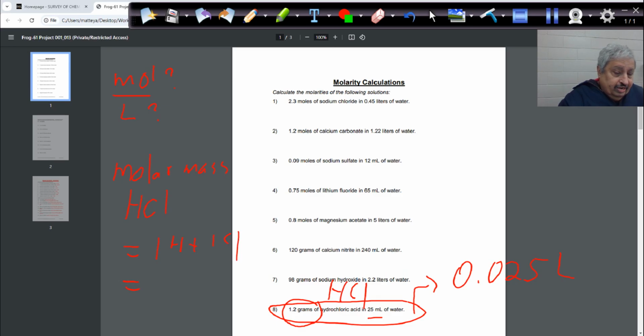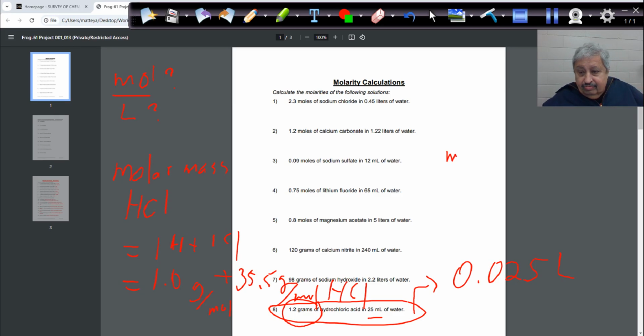The atomic mass of hydrogen I'll put as just 1.0 gram per mole, plus the chlorine is 35.5 gram per mole. Add them up, it will be 36.5.